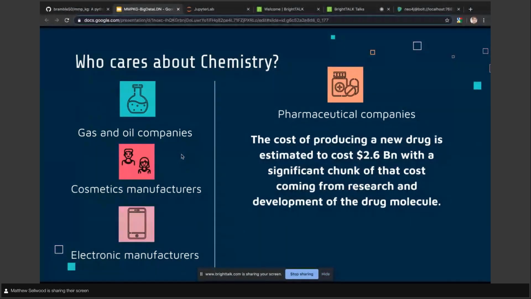The reason for this is that the cost of making new drugs is really, really expensive. It costs an estimated 2.6 billion to generate a new drug, and a significant chunk of that cost comes from research and development.